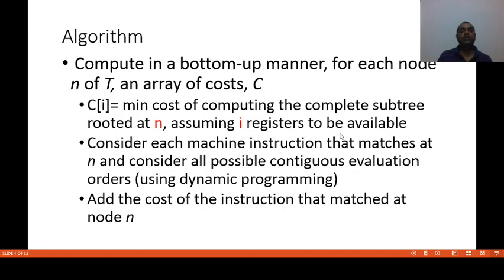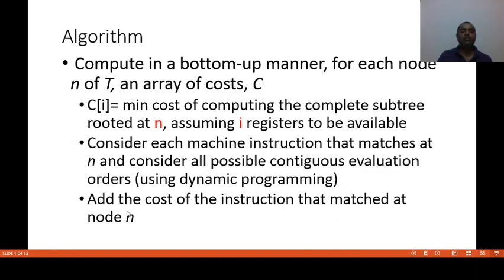Suppose that there are 2 registers available, then in that case it will be C2. Now consider each machine instruction that matches at n and consider all possible contiguous evaluation orders using dynamic programming, plus the cost of the instruction that matched at node n.